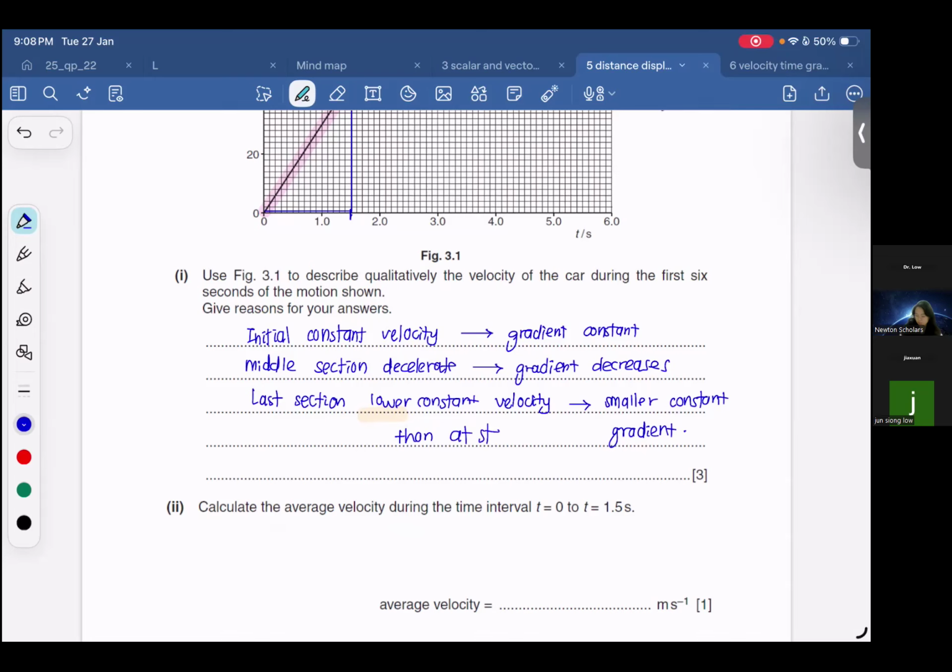Okay, smaller constant gradient. Is that clear? Okay, Jiaxuan, okay?